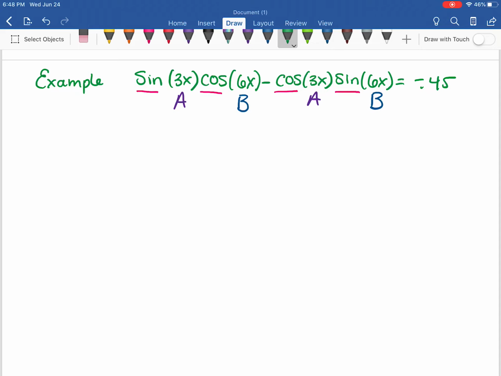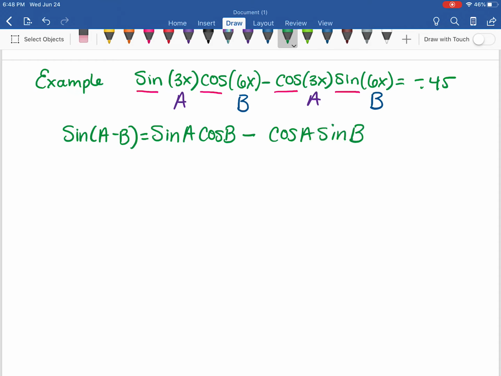So sine of an angle A minus B has the formula sine A cosine B minus cosine A sine B. So we're going to substitute 3x in for A and 6x in for B. When we combine this together, we're putting in 3x for A and 6x for B. We're working backwards to condense it.